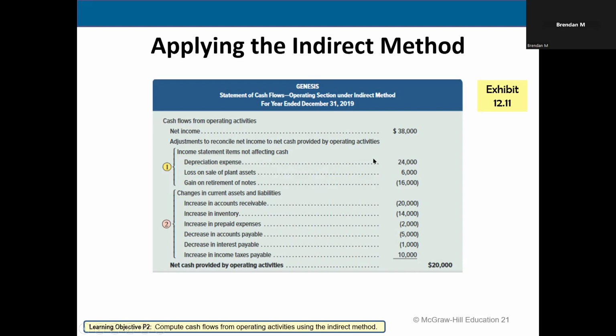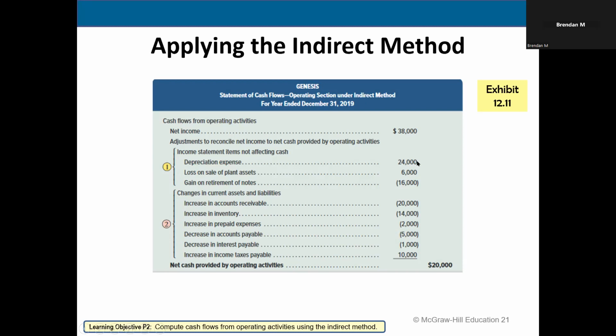We have to take the net income and add to it the depreciation expense. Why do we do that? Because the net income was done on an accrual basis. As you know, everything we do is on an accrual basis, which means there are some non-cash expenses there.